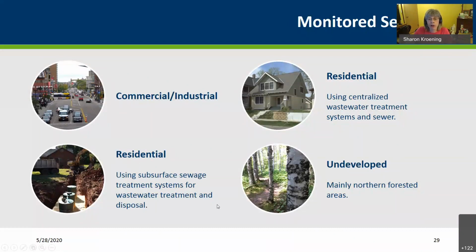And for a baseline for comparison, we also monitor a network of wells in undeveloped areas. And these are mainly forested areas in northern Minnesota. And many of these sites are pretty remote. They're actually off of a little dirt path off of the main dirt road in the state forest.